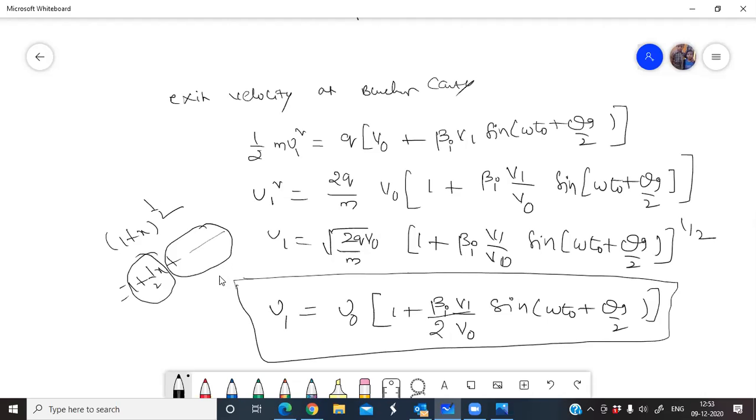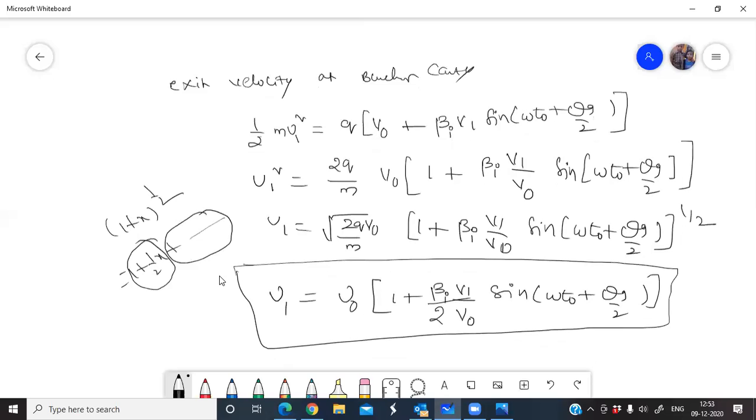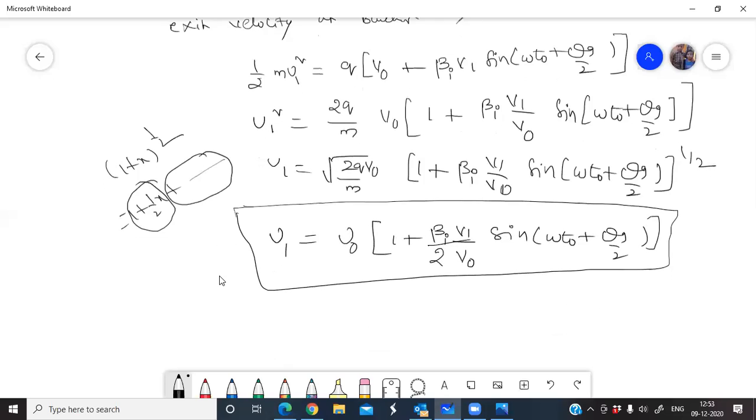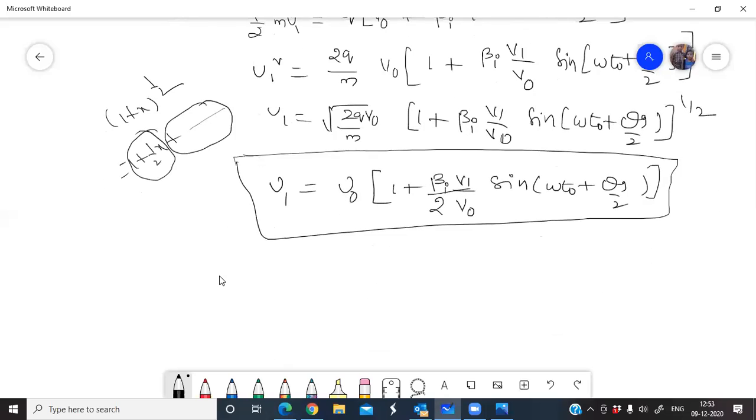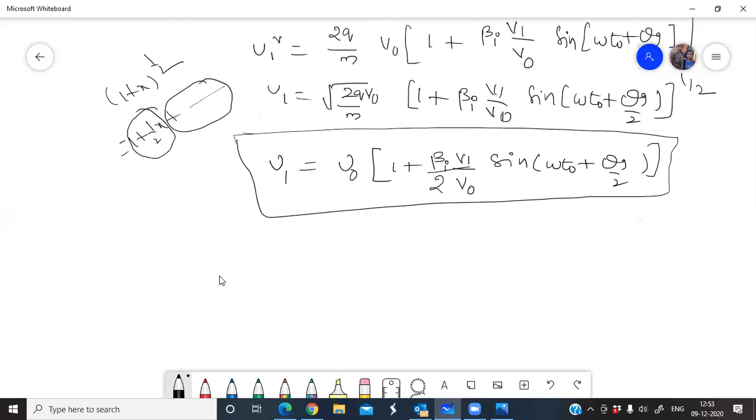So when the question is about velocity modulation, you have to write up to this equation. I'm repeating once again, depending upon the question, you have to write the answer. The velocity modulation equation is v1 equals v naught into 1 plus beta i V1 by 2 V naught sin omega t naught plus theta g by 2.